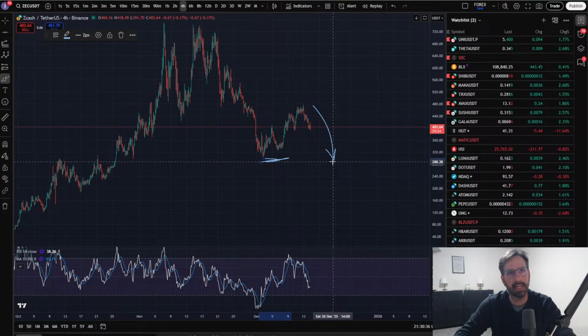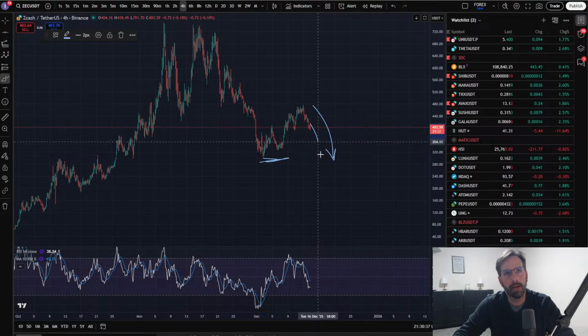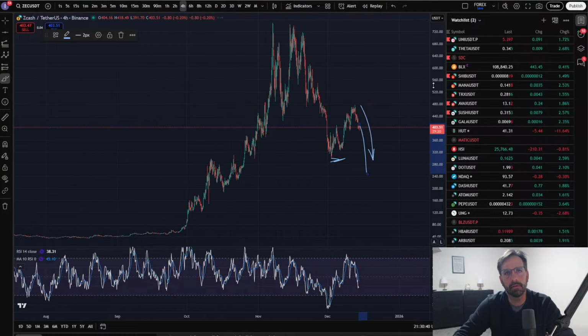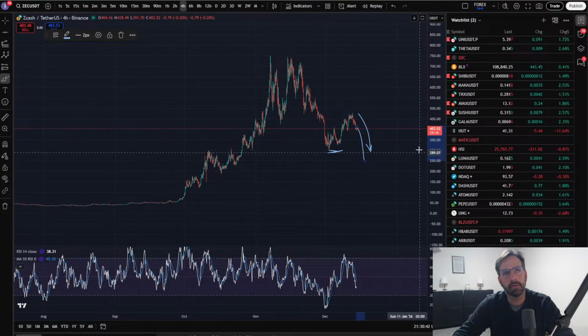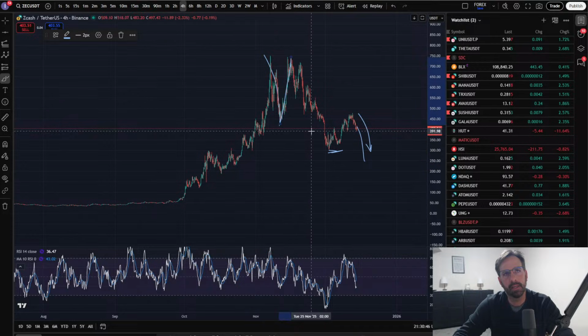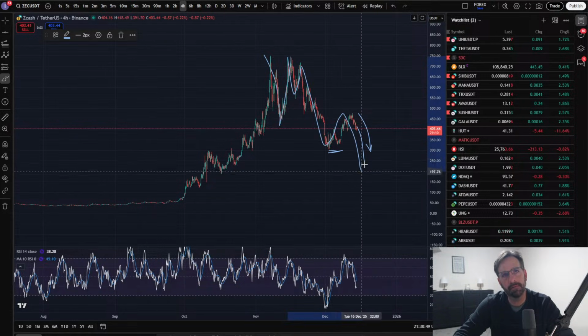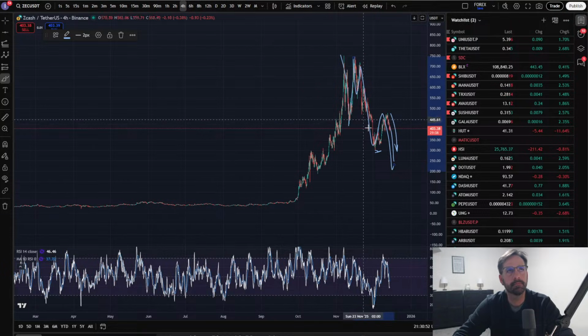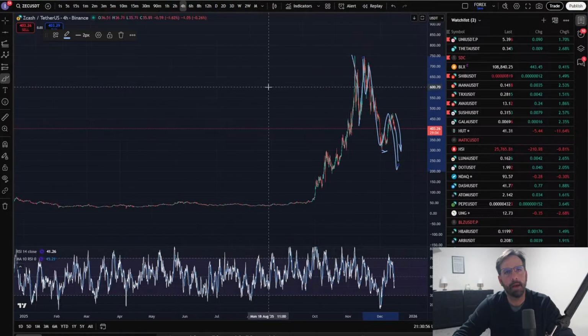This low needs to be taken. I see this coming down here from a wave structure standpoint. A, B. 1, 2, 3, 4. Give me 5. That would be your A wave.